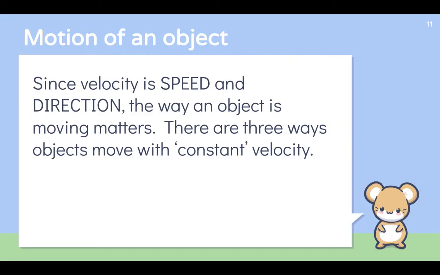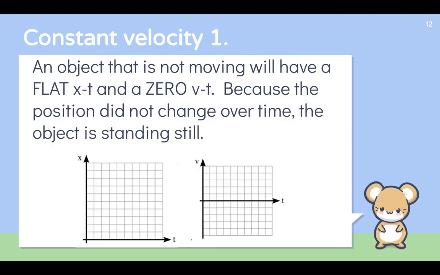Motion of an object. Since velocity is speed and direction, the way an object is moving matters. And there are 3 ways, and only 3 ways, that we will look at constant velocity. The first, constant velocity of an object that is not moving, standing perfectly still, will have a flat XT graph because it is going to be 5 meters away at 1 second and 5 seconds and 10 seconds.